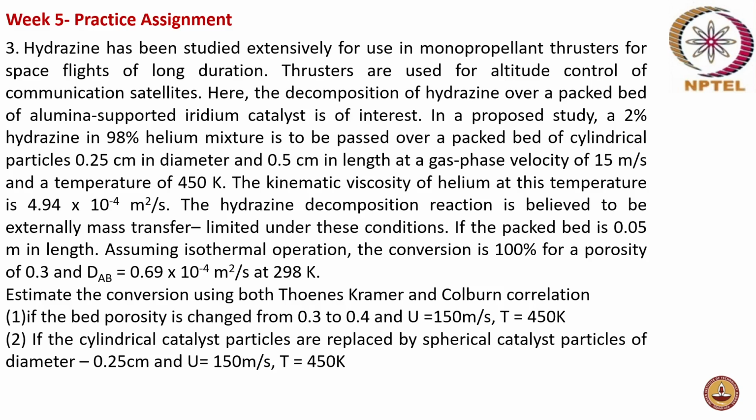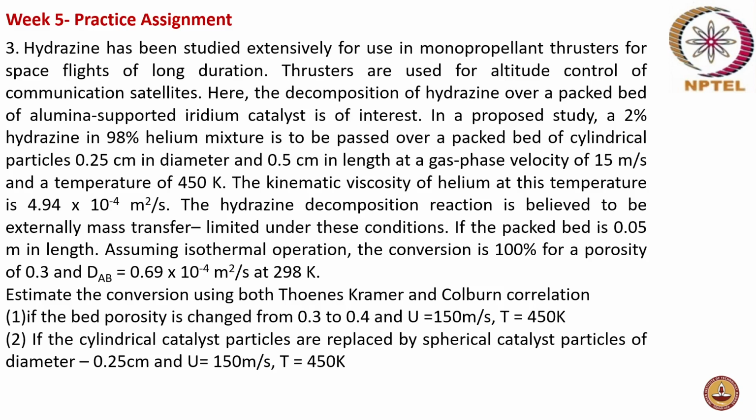In a proposed study, a 2% hydrogen and 98% helium mixture is to be passed over a packed bed of cylindrical particles of 0.25 centimeter in diameter and 0.5 centimeter in length at a gas velocity of 15 meter per second and at a temperature of 450 Kelvin.